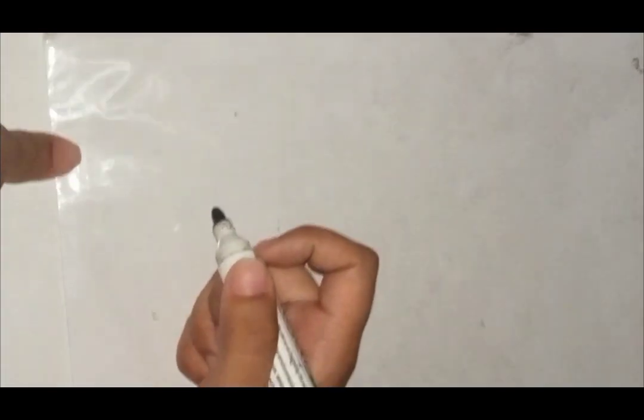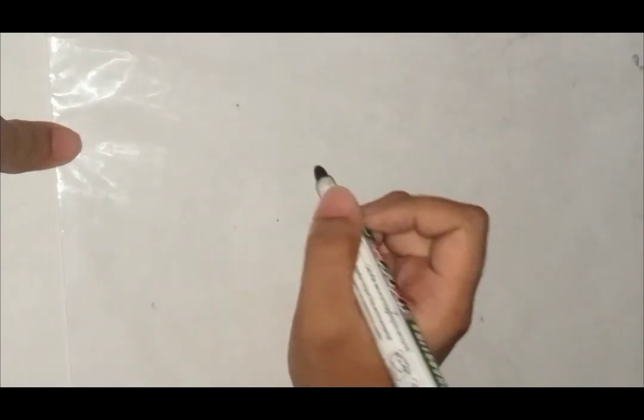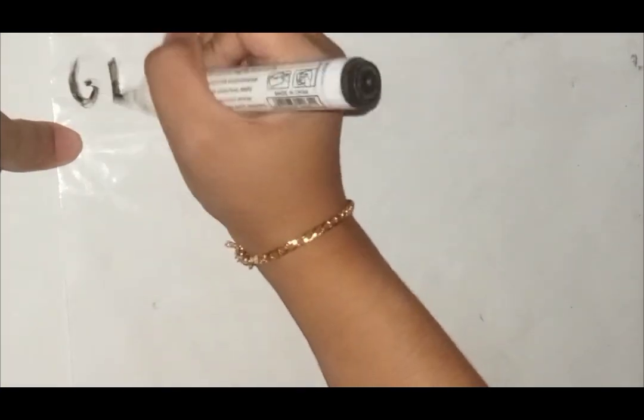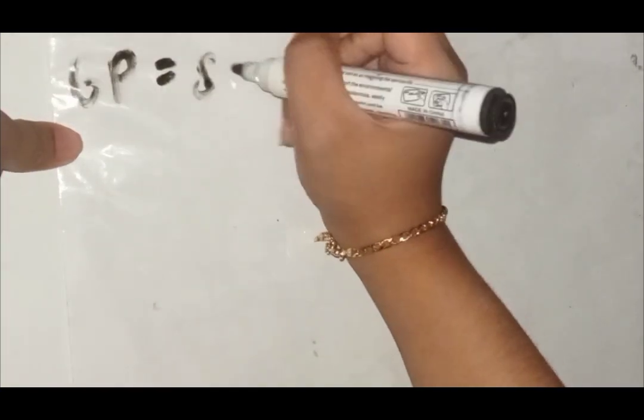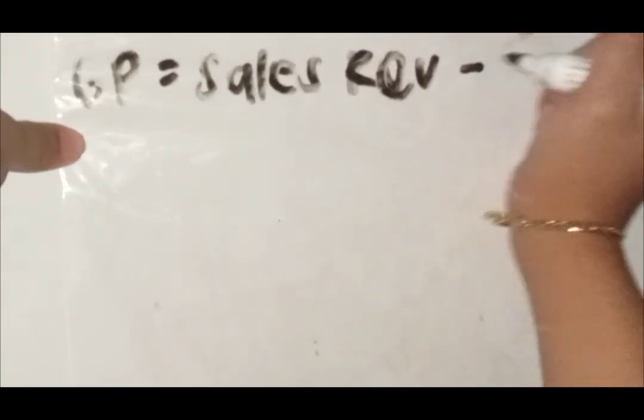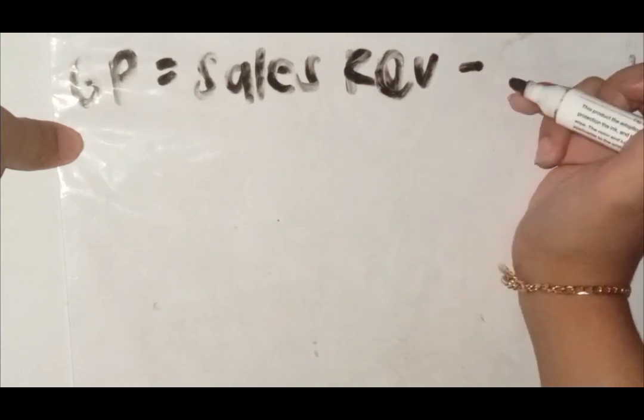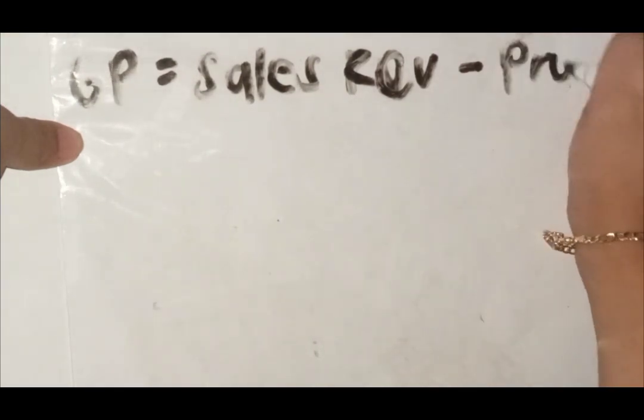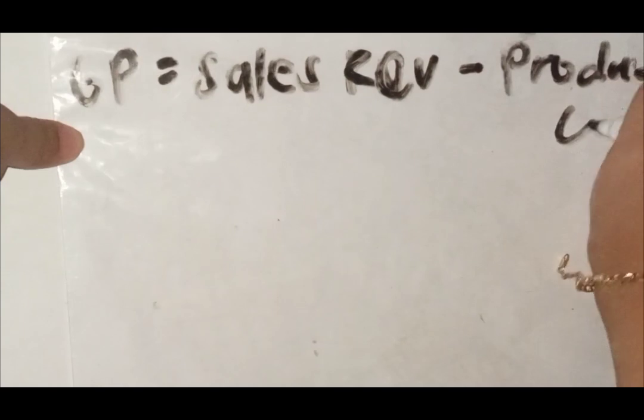Hanap natin yung gross profit niya, pero bago yon is formula muna. So, GP, which is gross profit, equals sales revenue minus product cost. So, ayan.